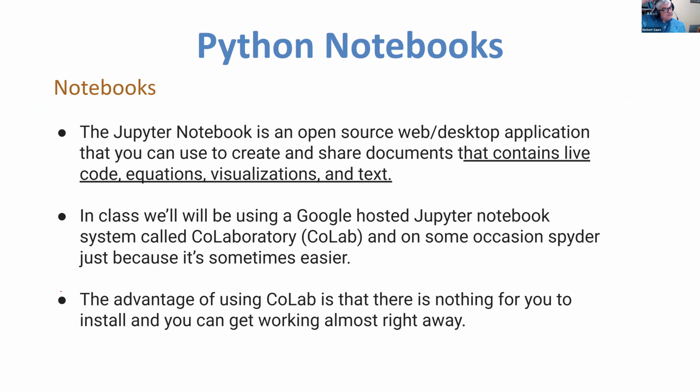Okay, notebooks. This is what we'll be using. These are popular for various reasons. I think they're dangerous. I've seen so many people make mistakes with them. They rely on the idea that code exists in cells, these little notebook cells.